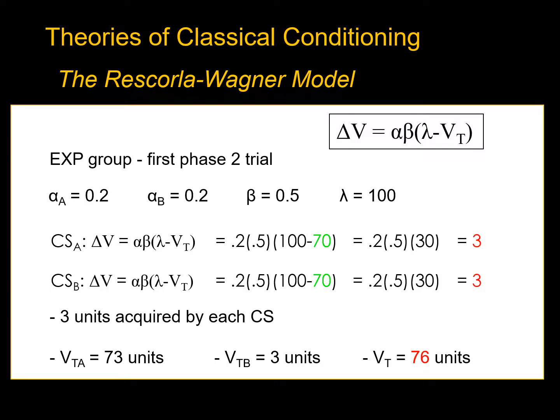It just got another 3 units here, so there's 73 units of associative strength powering that light-shock association. How many total units of associative strength have been acquired by the tone at this point? 3, right? Tone never appeared in phase 1. So there's our 76 units we've used up: 73 have been used up by CSA, and another 3 have been used up by CSB.